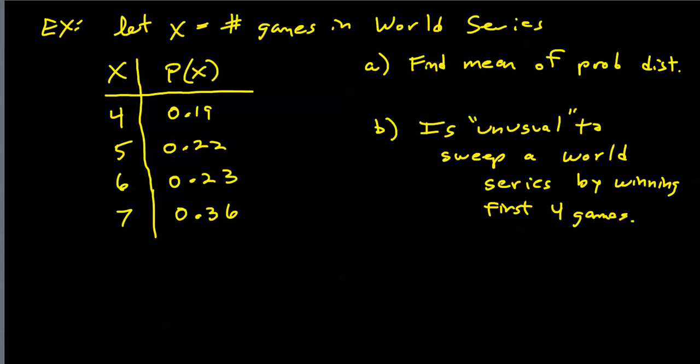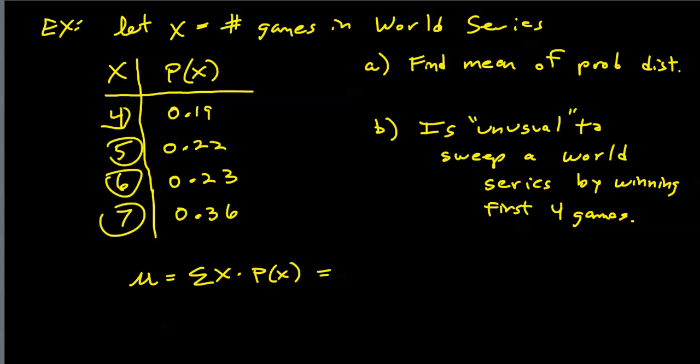Anytime you're given a probability distribution and you're wondering about usualness, you're going to have to compute the mean and the standard deviation. The mean for this probability distribution is the summation of x times p of x. I take each x value, multiply it by its associated probability, and add them all up.